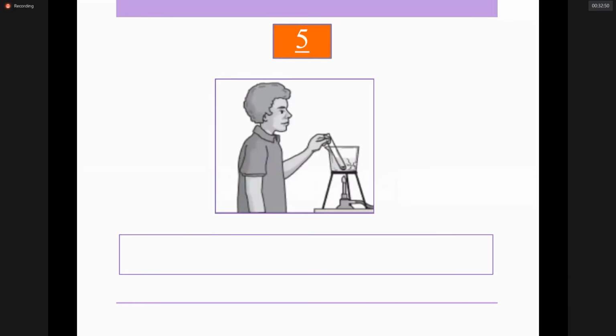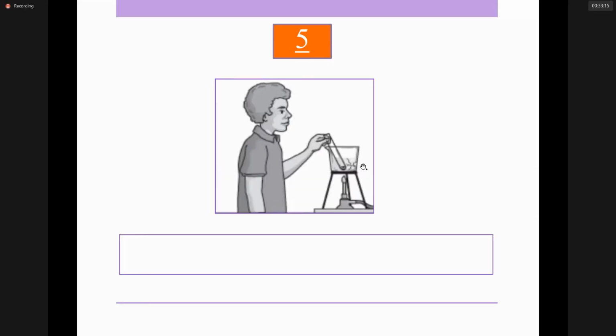ممتاز. What about 5? بدون لاب كوت، without handling the tube properly. مكسور. ممتاز. مين لاحظت المكسور؟ ممتاز يا جود.